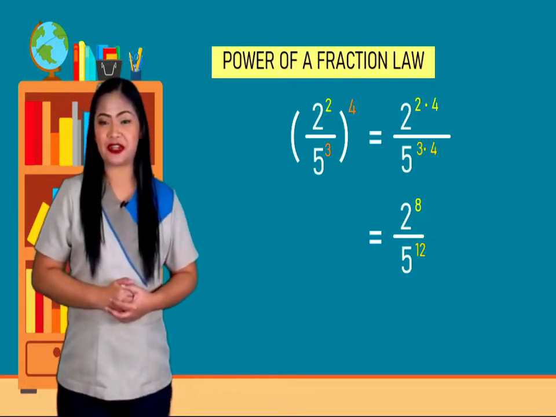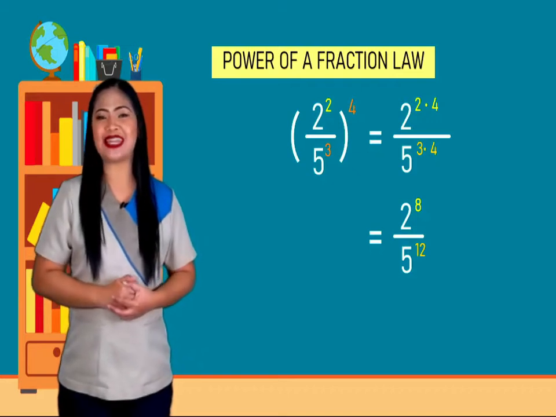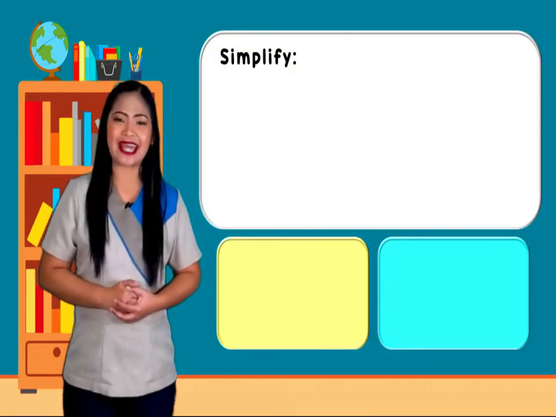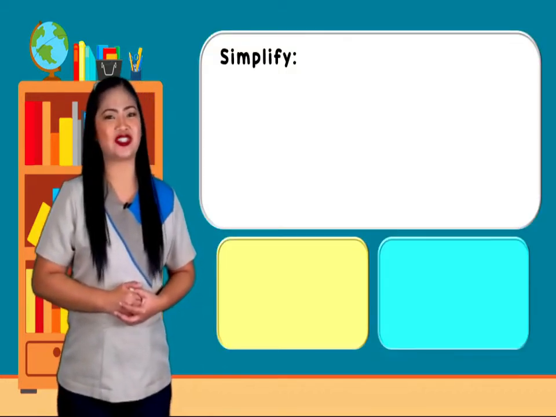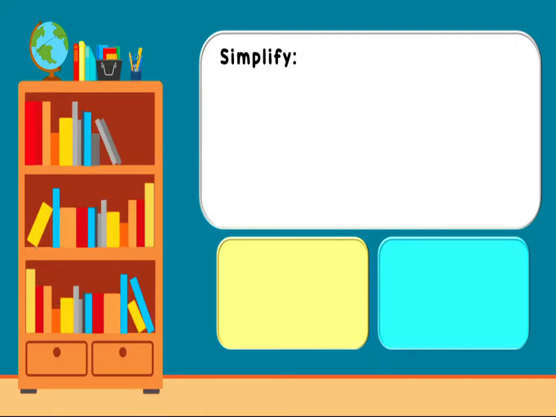Now, see for yourself how much you understand about this lesson by answering the following practice questions. All you have to do is to simplify the following expressions using the laws of exponents. Are you ready? Great! For the first one, simplify the quantity of 3xy raised to 2.